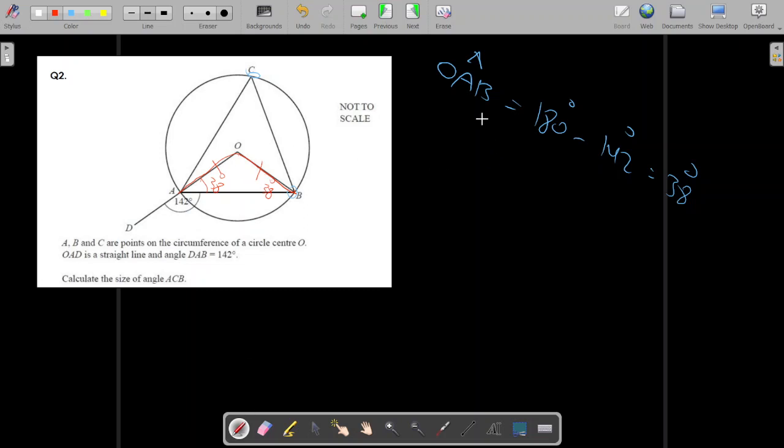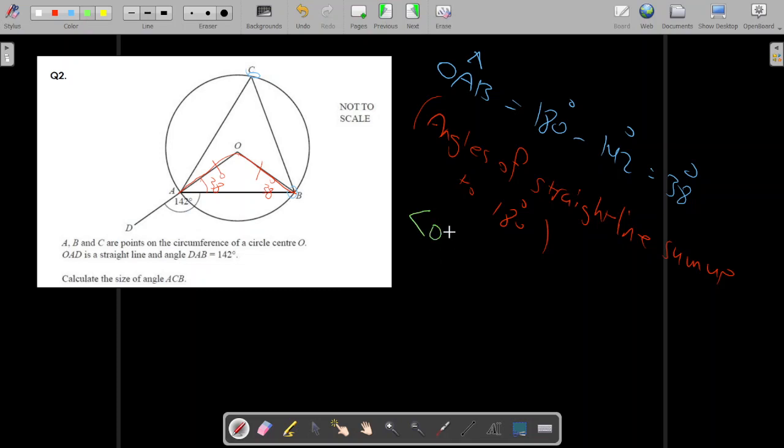And remember to write your geometric reasoning here. You say that angles on a straight line sum up to 180 degrees. This is for the first one. For the second one, since I know that this is 38, I would say that the angle OBA is equal also to 38 degrees.